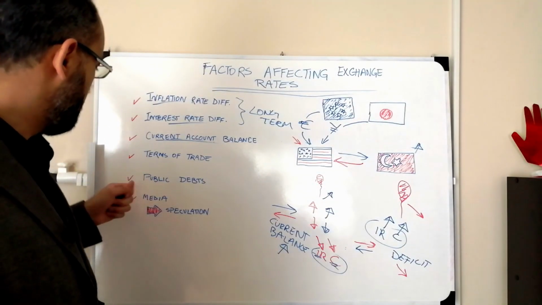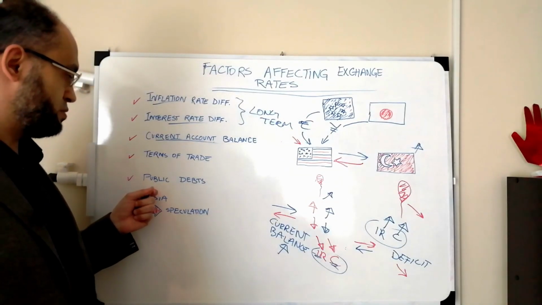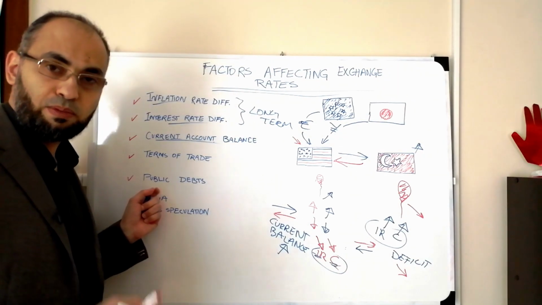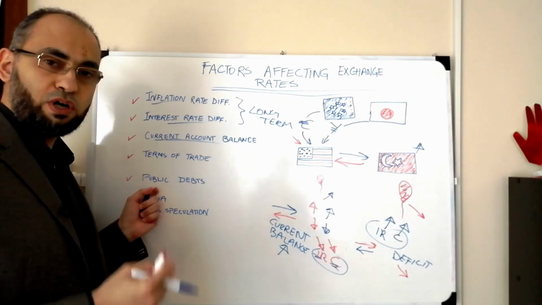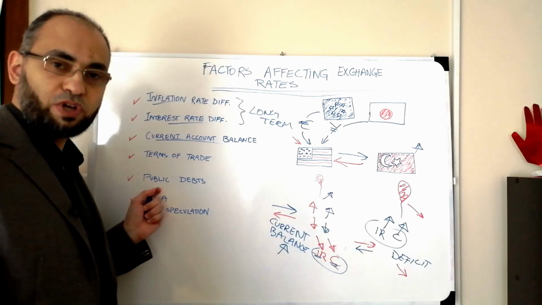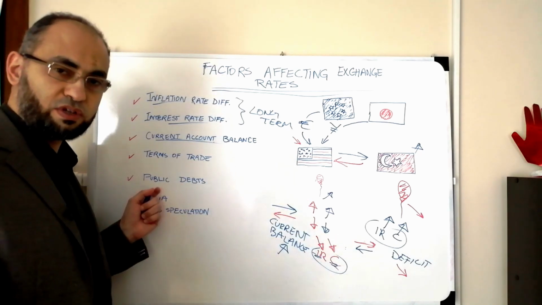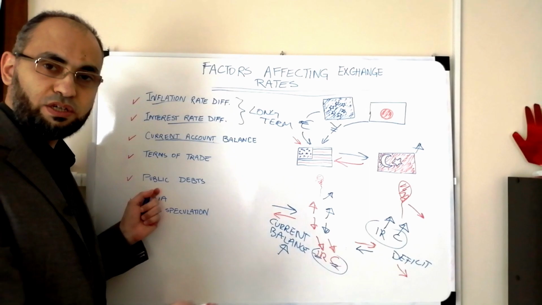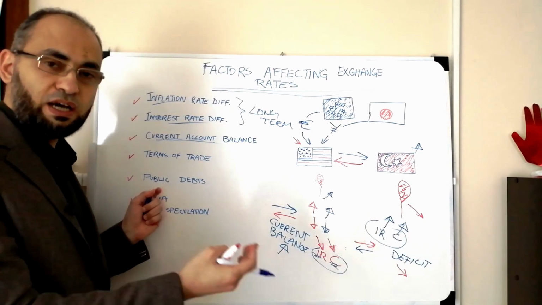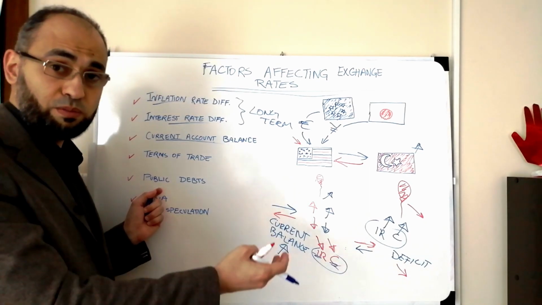Now, if we come to the fifth factor, which is the public debt. Public debt is the amount that governments will borrow from other countries to finance their public sector projects and do some governmental funding.